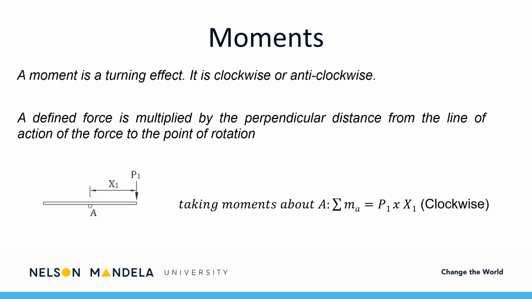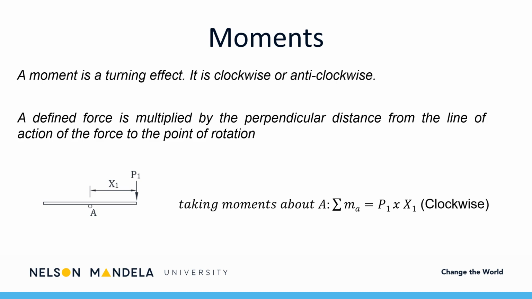The rotation is very important, guys, because if you mess up the rotation, your signs are going to be messed up, and then everything is going to be a problem. Again, remember, there is no such thing as clockwise being positive or anti-clockwise being positive.